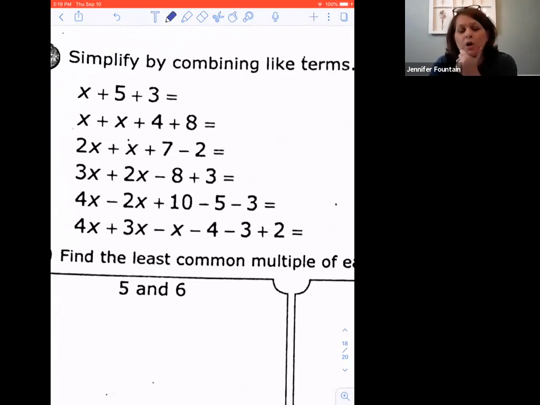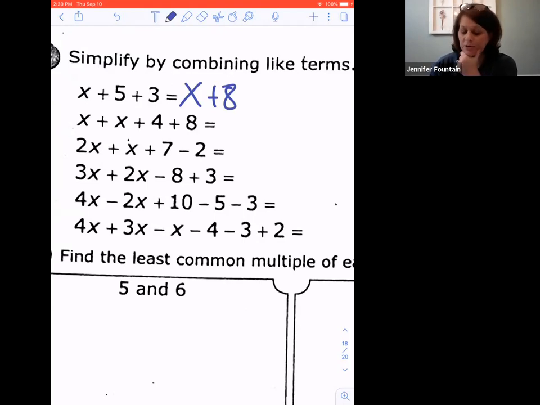I don't have any other common term to combine with x, so it's just going to stay by itself. But I can combine 5 plus 3, and 5 plus 3 is 8. So that's as simplified as I can get it. Since I do not know what number x is, I just have to leave it as a variable.